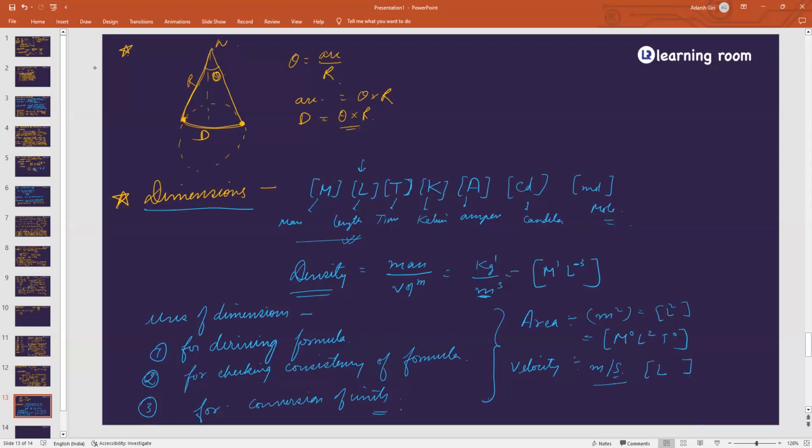Are you getting, Akhil? Yes, sir. And what is here? Time raised to the power. What power is there for time? -1. Are you getting it? Yes, sir. It is -1 because it is denominator. So can I write LT to the power -1, everyone? Yes, sir. Written, everyone? Understood, Akhil? Yes, sir.